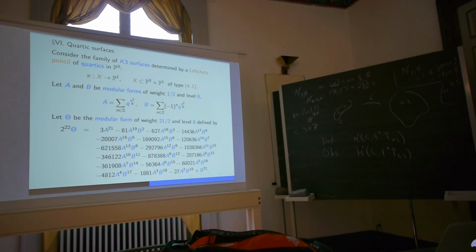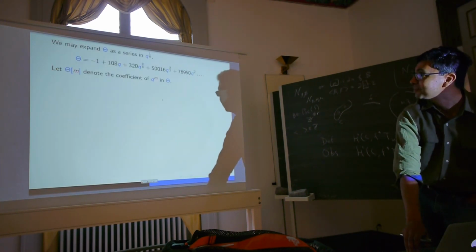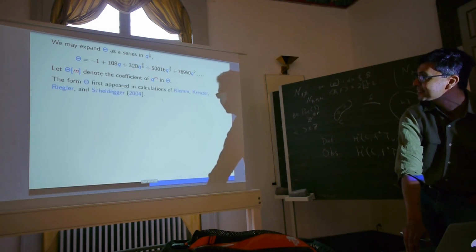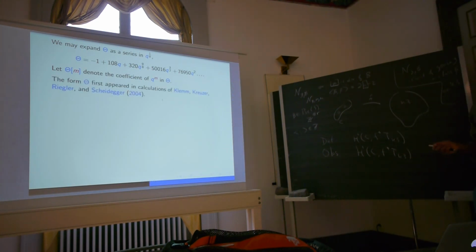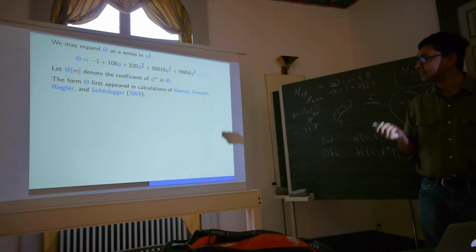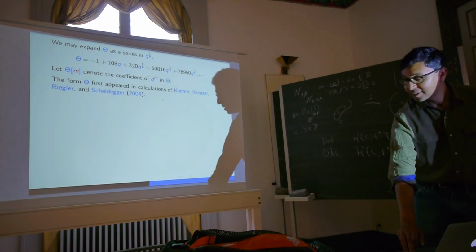It is this, and this is telling you the solution for the Noether-Lefschetz numbers, from Borcherds' side. It's this particular crazy modular form, and it was first found, so we can expand it. There it is. This first appeared in calculations of Klemm, Kreuzer, Riegler, and Scheidegger in 2004.